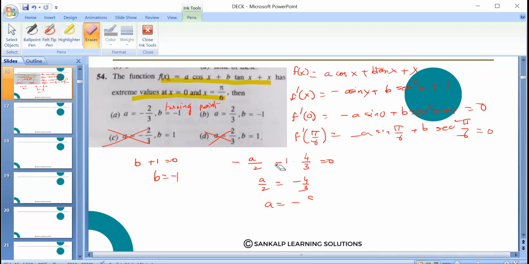Cos pi by 6 is root 3 by 2. Secant pi by 6 is 2 by root 3, but when you square it, 4 by 3 equal to 0. So a by 2 is minus 4 by 3.